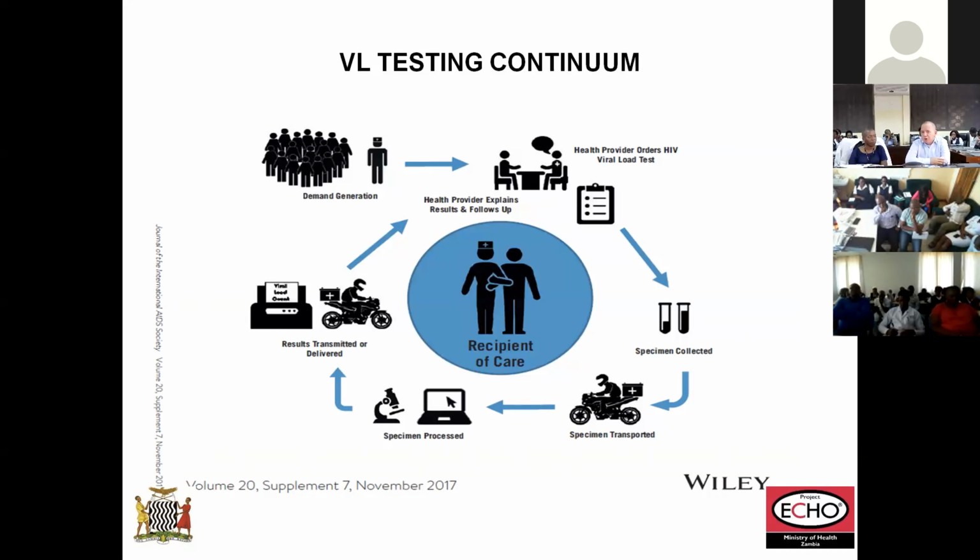So there is a process of coming up with materials and resources. This week there will be a scientific meeting to look into the evidence and ways of summarizing that evidence and translating it into flyers or resources that can be used at the site level to raise awareness about viral load testing and the importance of viral load suppression.